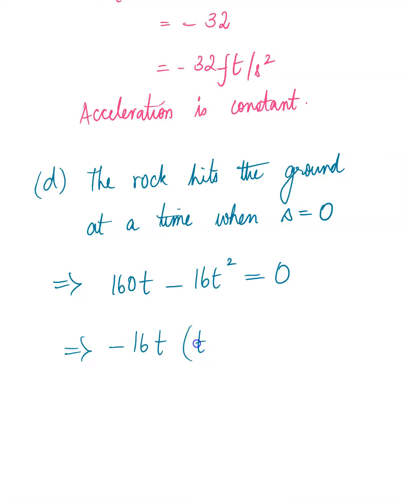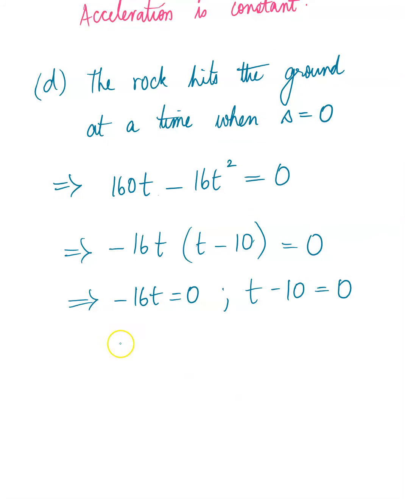You get t minus 10. I put the order around, okay? So I put the t squared first and then the 160t, so we got that. This implies negative 16t is equal to 0, or t minus 10 is equal to 0 by zero factor property, and that implies t equals 0 or t equals 10.